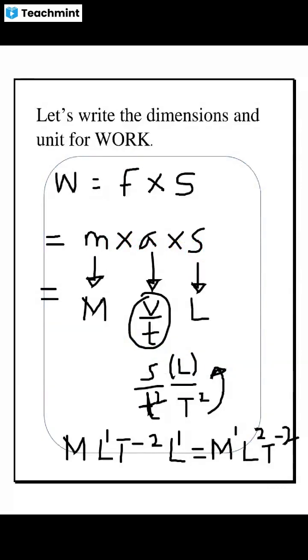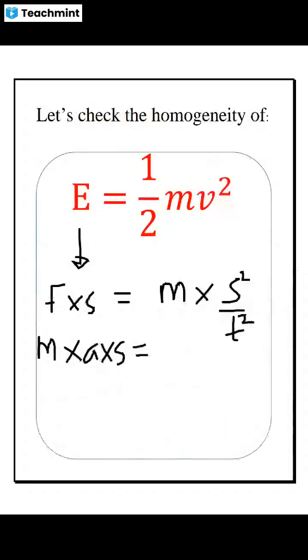Can you see it? Under work, we've done it: M1 L squared T minus 2. Let's go back. This one gives us M1 L squared T minus 2.